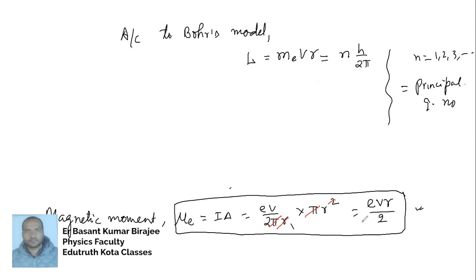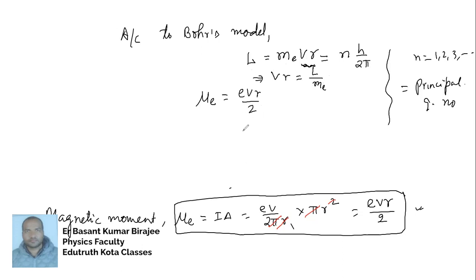Now, we have the magnetic moment of the electron as evr by 2. We can put the value of vr from here. We can express vr as L by mass of electron, from this relation for angular momentum.